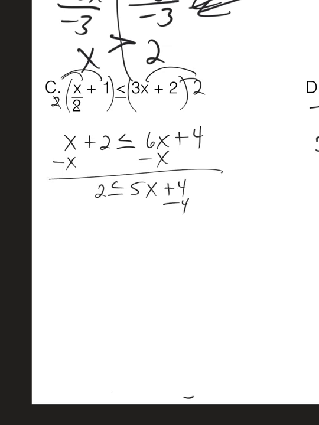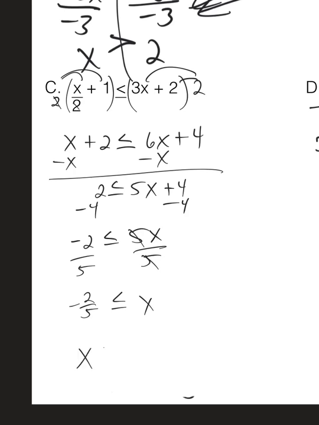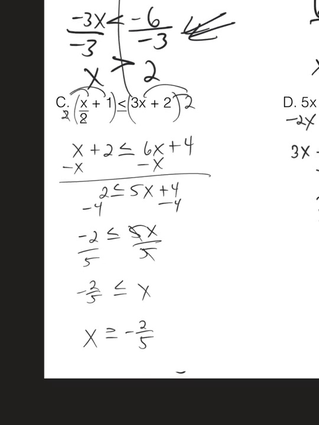I can subtract 4. And then I can divide both sides by 5. And then I can write it out. And I can write it out either one of these ways as long as the symbol is opened up to the proper piece. So that's the last example.